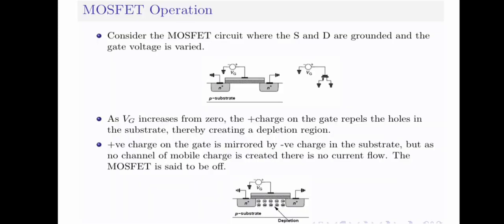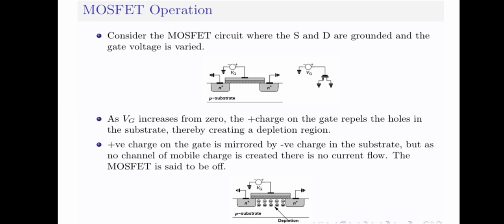Now let us see the operation of the MOSFET. Consider the MOSFET circuit where the source and drain terminals are grounded and the gate voltage is varied. As VG, the gate voltage, increases from 0, the positive charges on the gate repel the holes in the substrate, thereby creating a depletion region.